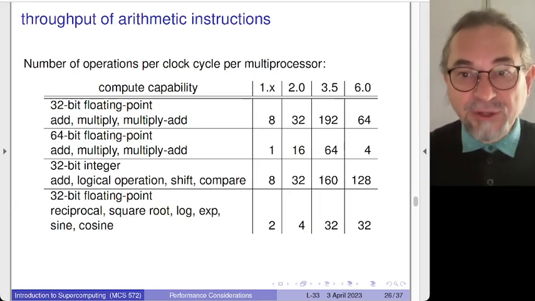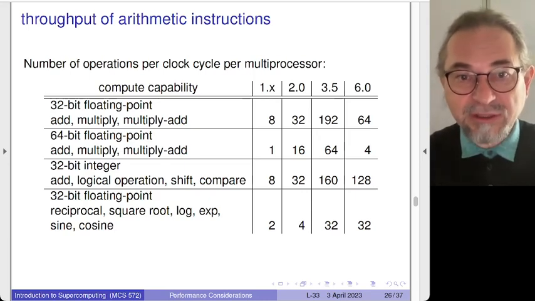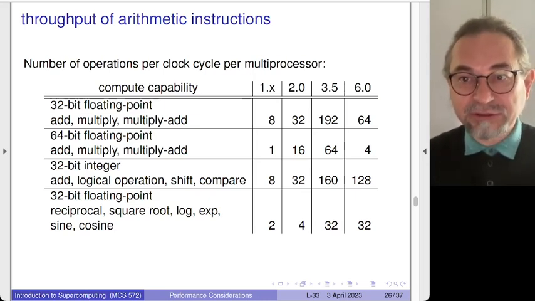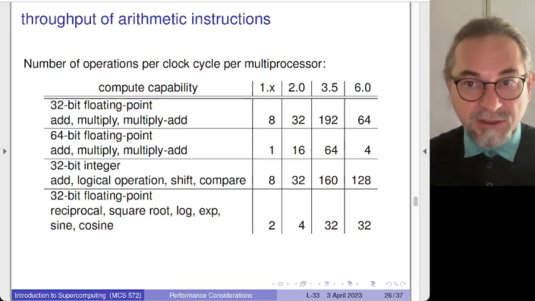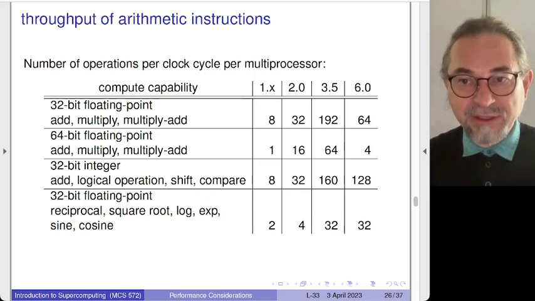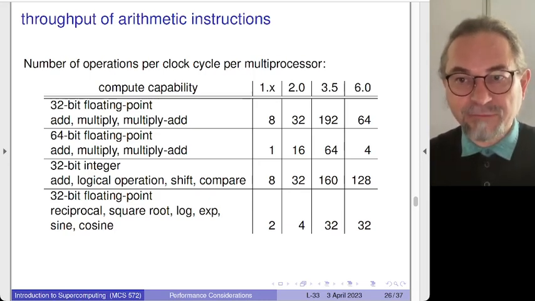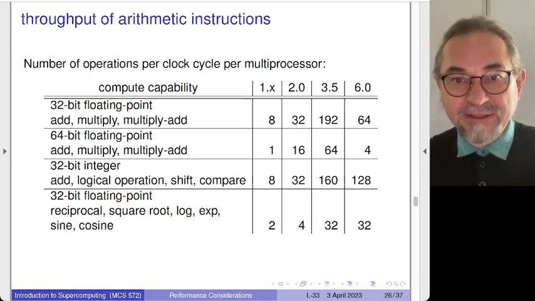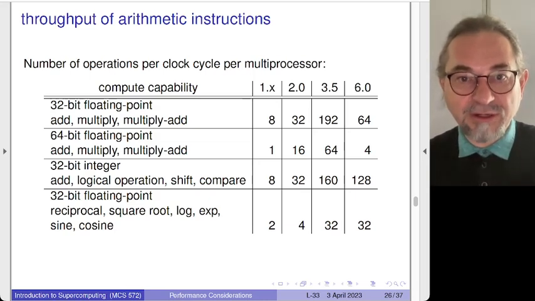Okay, so we have the number of instructions per clock cycle. Many more is now better. You see the number of instructions that can be done per clock cycle. Remember that very early on in the course we had the performance metric of floating point instructions per second. Here you see the number of cycles per second, the clock cycles, and that a GPU can do many operations per clock cycle.